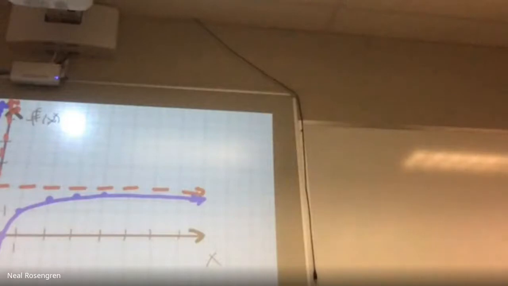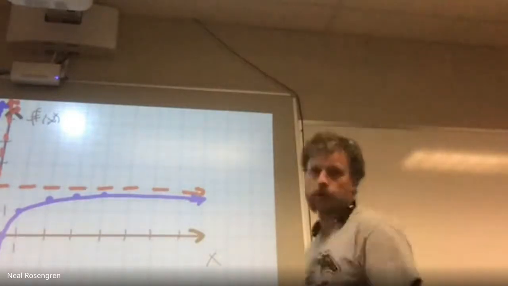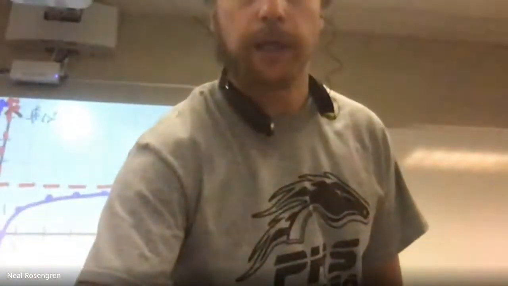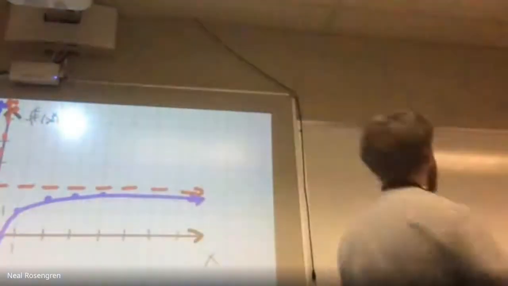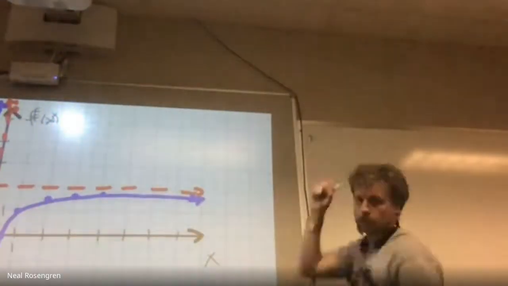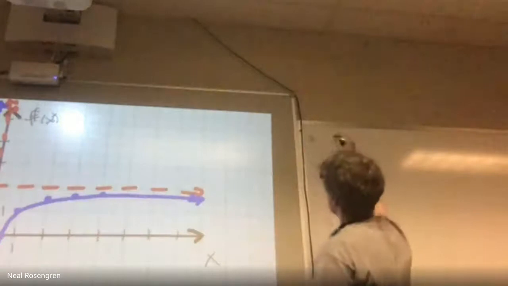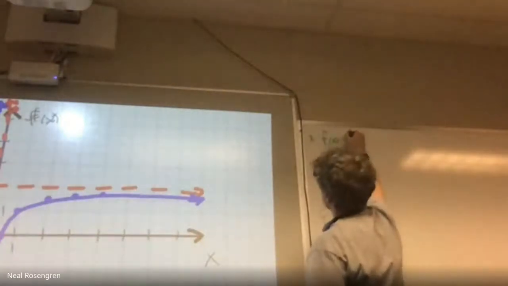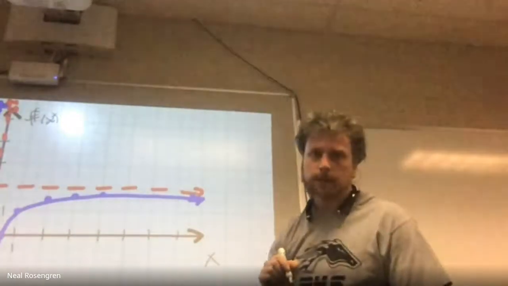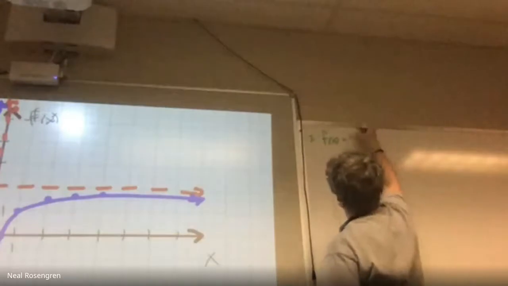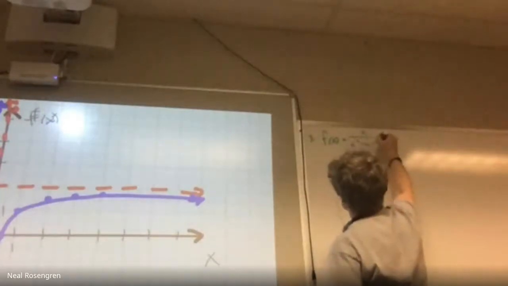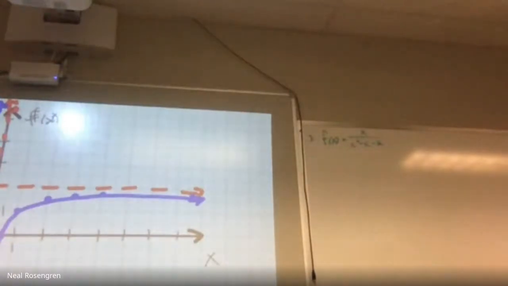And let's bring this back over to here. And we are doing number 3. Let's do 3. I like that. I'm glad I have enough time to do it. Okay. Number 3. Hopefully the green is okay to see. If it's not, just give me a shout. X on top and x squared minus x minus 2 on the bottom. I'm going to go find the black or brown.